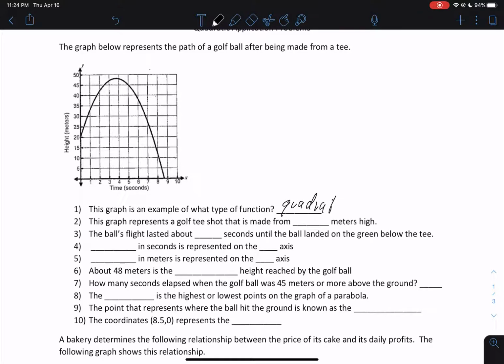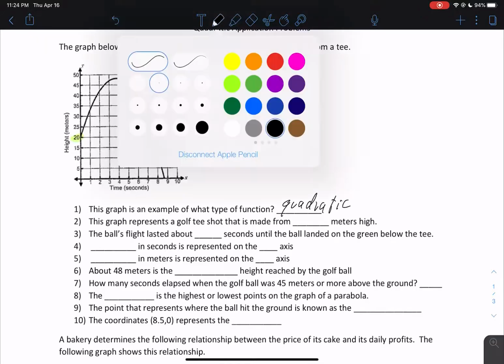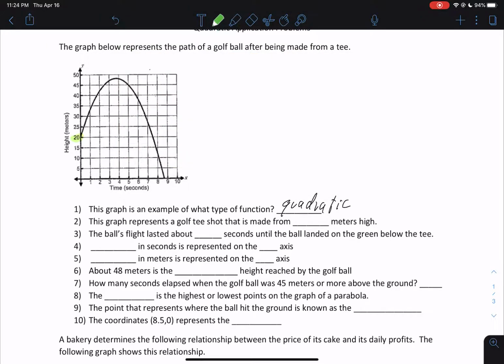This graph represents a golf tee shot. How high was the ball when the shot was made? Right here, here's my answer. It was at 20 meters high. The ball flight lasted about how long?